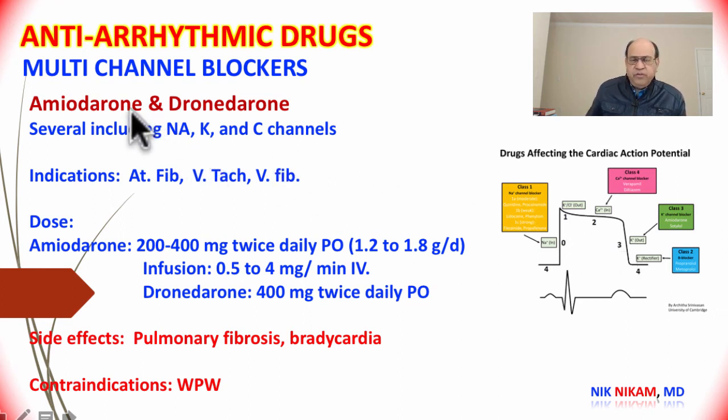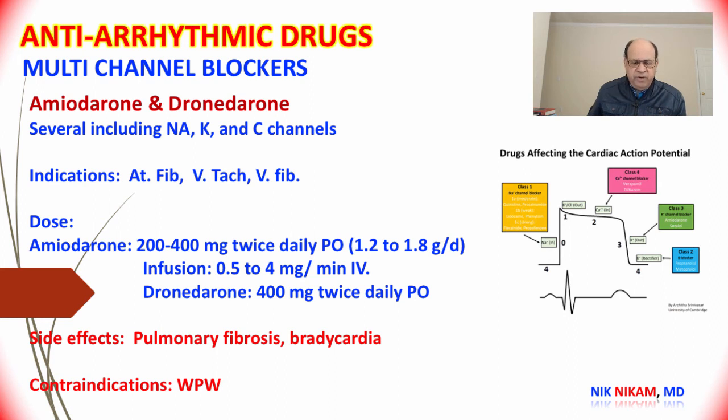Amiodarone is useful in patients with chronic atrial fibrillation and also in patients with ventricular tachycardia and fibrillation. It is one of the most commonly used drugs in patients with ventricular arrhythmias, especially those who have significantly depressed left ventricular function. Whereas dronedarone is mainly used in patients with paroxysmal atrial fibrillation to prevent the recurrence of atrial fibrillation.